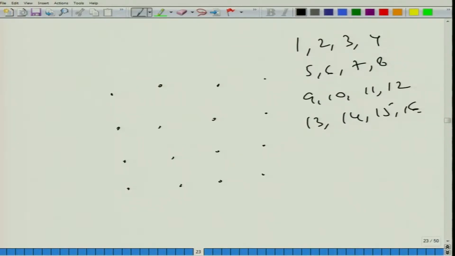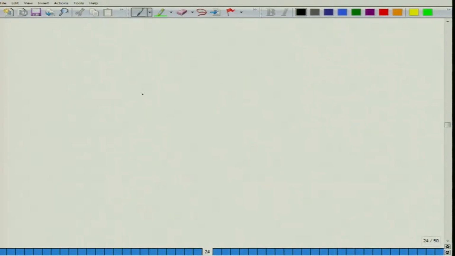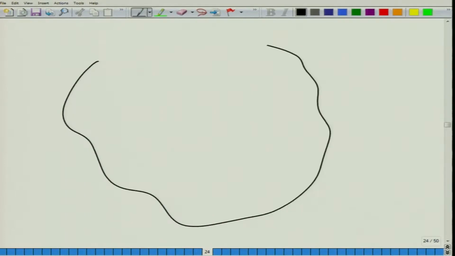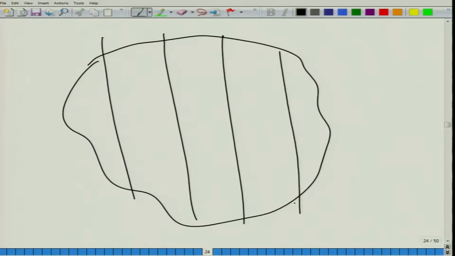Now, in some cases people might go for a shortcut, and a shortcut is something like this. Suppose this is our forest, and in place of listing out or enumerating all the individuals, we just divide this portion into, say, coordinates.